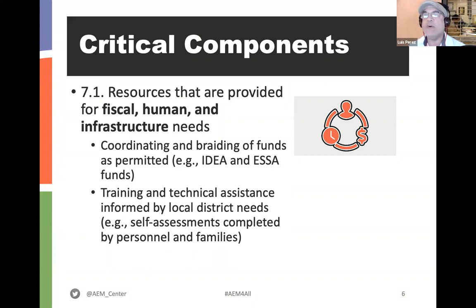And you all are doing some of that right now, determining what your needs are, setting some goals through the use of the AIM pilot, and then creating a plan for how you're going to accomplish those goals. And part of that should be robust training and technical assistance as well. So again, we're building up that human capital that is necessary.